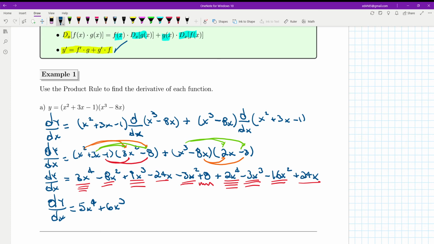And negative 11 minus 16, that should add up to negative 27x squared. And for the first powers of x, that's negative 24 and plus 24, this actually cancels out. And let's just add this plus 8. And this is the final answer.